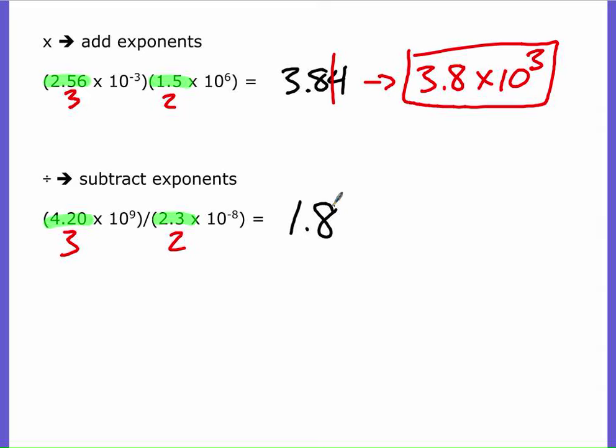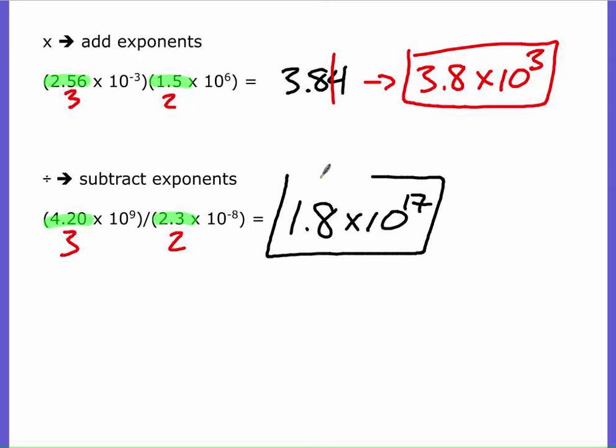So I rounded down 1.8 times 10 now, and I deal with my exponent separately, remember. If I'm dividing, I'm going to subtract. So I take a 9 minus a -8, remembering that that means I'm actually going to add, and I'll get 1.8 times 10 to the 17th for a final answer here.